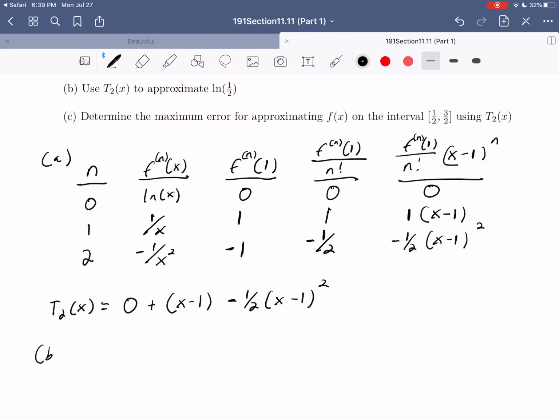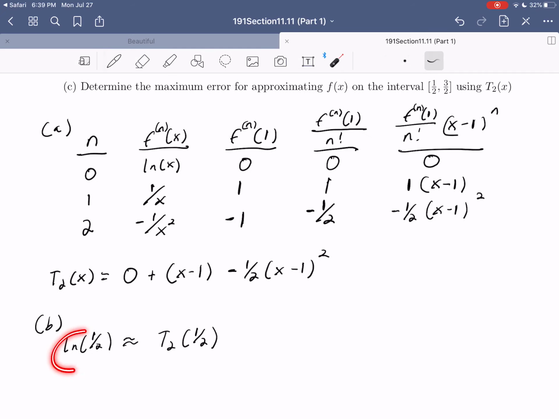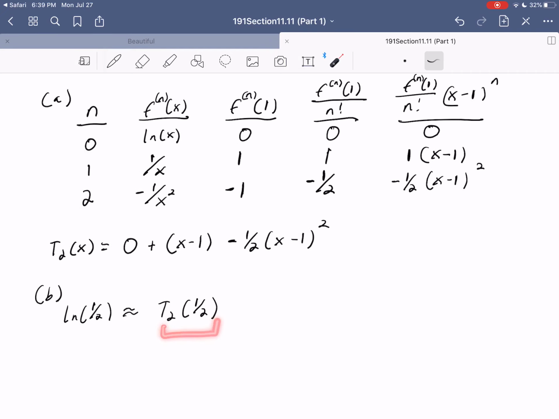All right, how would we use this to approximate ln of 1/2? Well, ln of 1/2 should be roughly similar to T2 of 1/2. ln of 1/2 is something we'd probably have to compute using a calculator, but T2 of 1/2 is something we can do by hand. Of course, in this class, you're still welcome to use a calculator, but you should recognize that T2 of 1/2, plugging 1/2 into here, is just arithmetic.